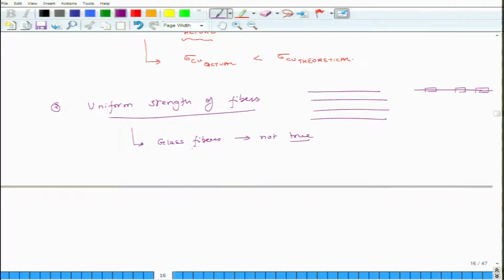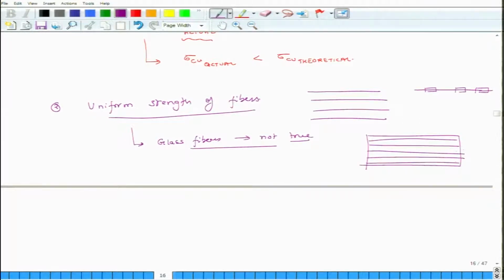When this kind of variation happens, consider what will happen. You have different fibers of different strengths and you pull the composite in the length direction. Some fibers will break at an earlier load level because they have lesser strength, and when they fail, they transfer the load to other fibers.